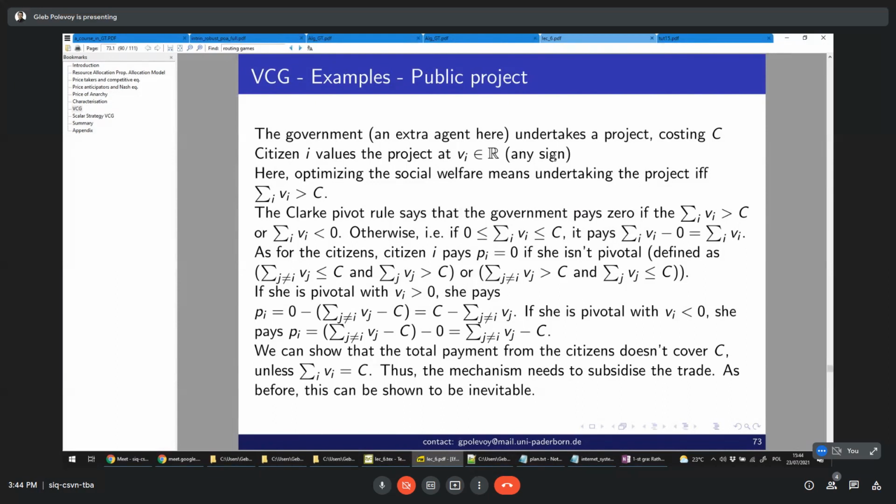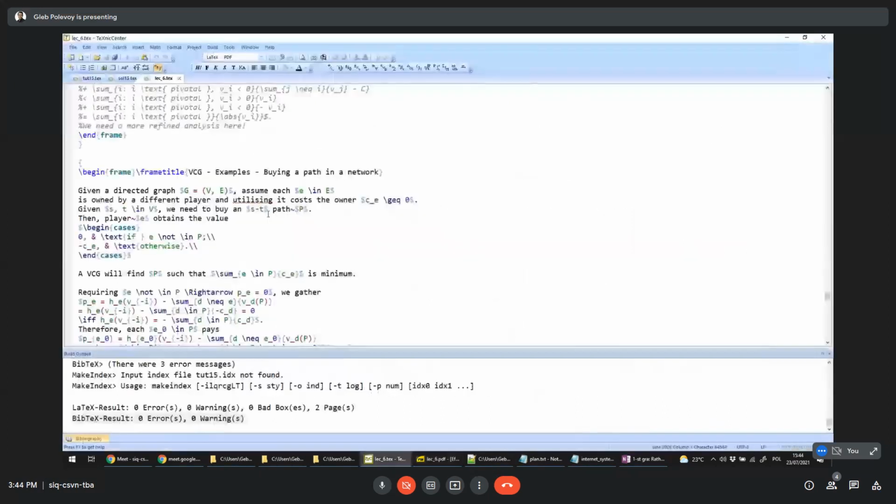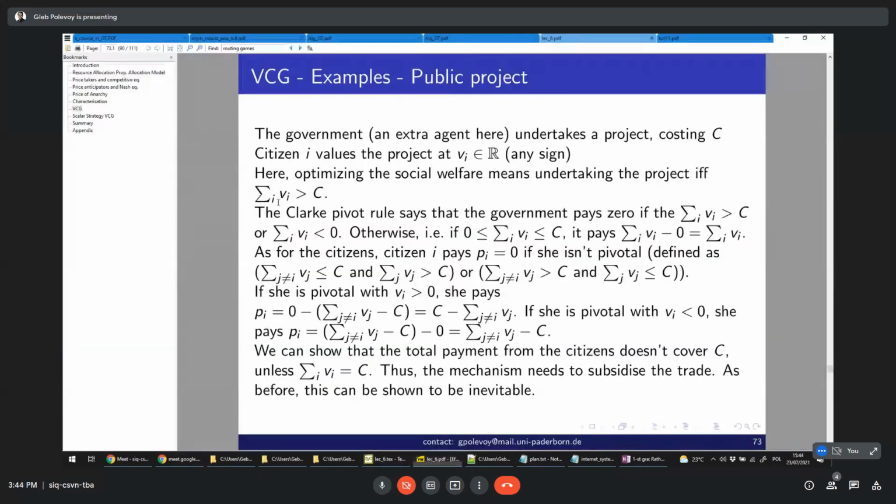Optimizing tells us that we need to undertake a project if and only if the total value is at least the cost the government has to pay. Do you understand it? Yes. Now, what are the payments? Let's use the Clarke pivot rule, which says that the government pays 0.